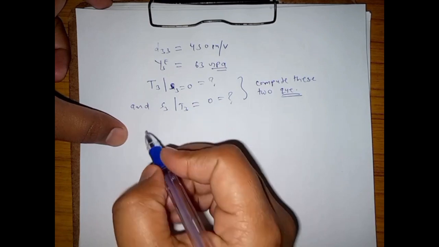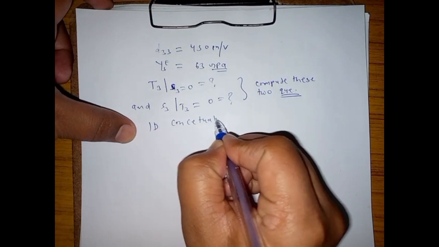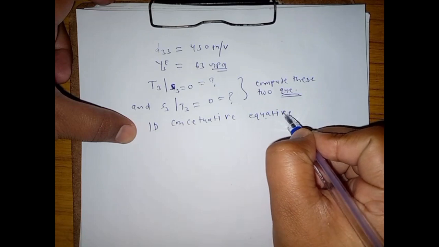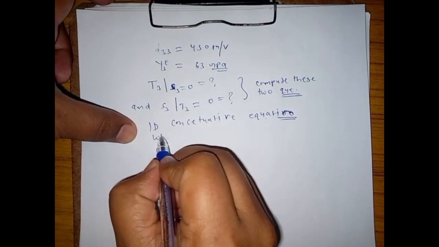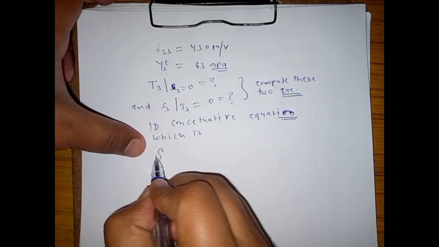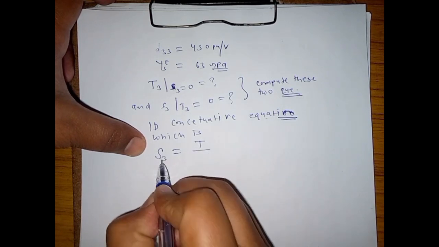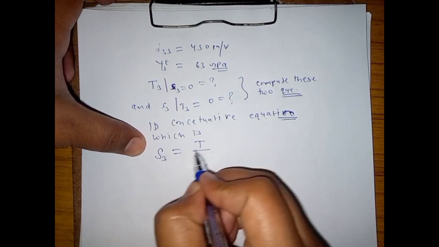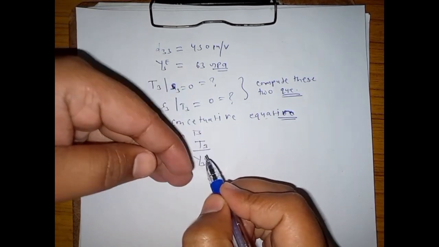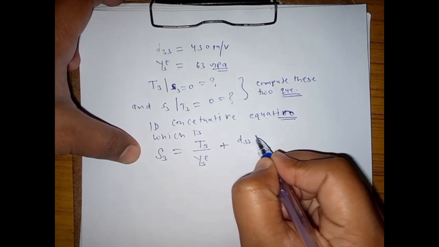We have the one-dimensional constitutive equation: strain in the direction of 3, S3, is equal to T3 by Y, which is the Young's modulus, plus d33 E3.